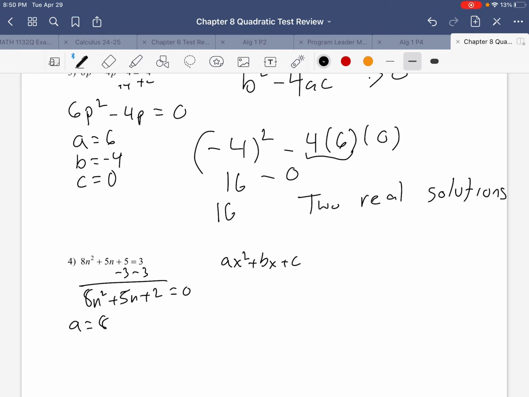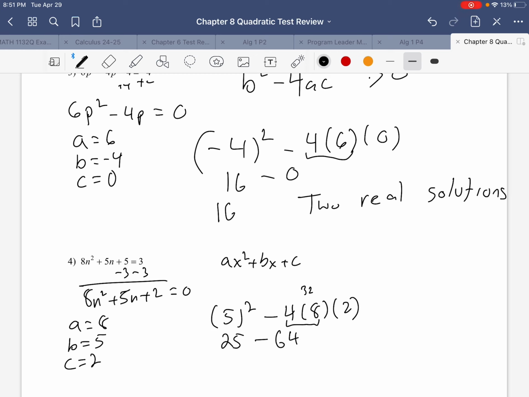A is equal to 8, b is equal to 5, c is equal to 2. 5 squared minus 4 times 8 times 2. So this is going to be 25 minus 4 times 8 is 32. 32 times 2 is 64.